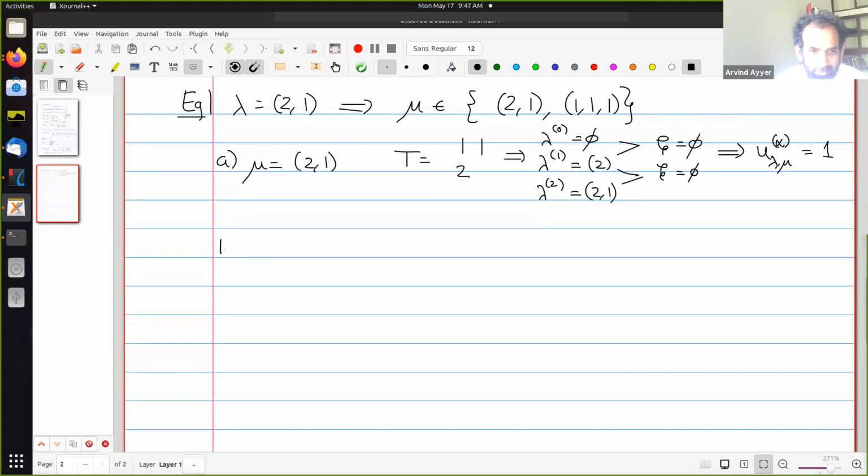Okay, so hold on to your seatbelts. So mu is (1,1,1). Now there are 2 tableaux, so we need to sum over both. So let's do both of them separately.